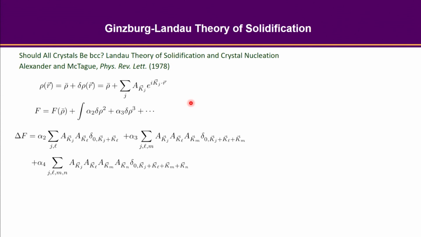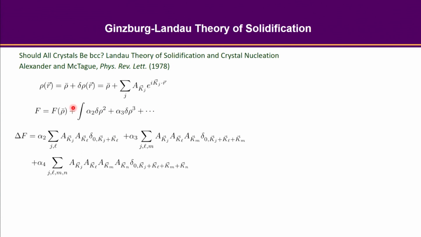So you can have 1, 1, 0, 1, minus 1, 0, and minus 1, 1, 0, etc., or 0, 1, 1, right? So you have 12 principal reciprocal lattice vectors there. But for FCC or other structures, the summation should be over their corresponding principal reciprocal lattice vectors.